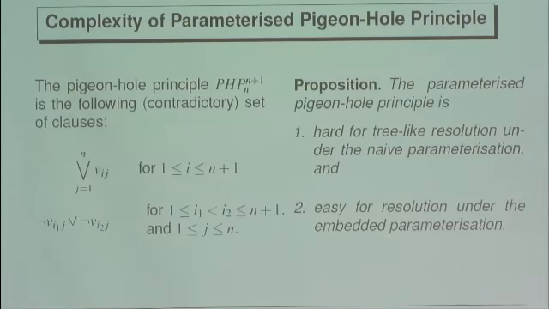Of course, from the complexity gap theorem, it follows that it is hard for tree-like resolution. If you think of an obvious infinite structure where the pigeonhole principle holds, you realize that it hasn't got a finite dominating set.